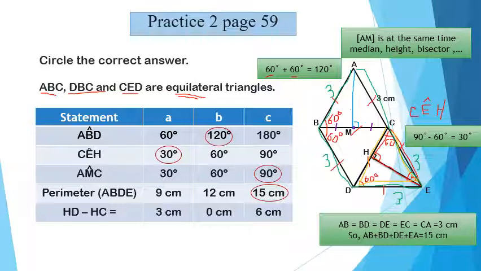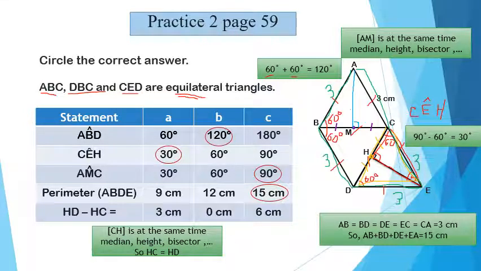Then I can say that H is the midpoint of DC, since HD equals HC. The median is a segment issued from a vertex to the midpoint of the opposite side. So DH equals HC. So HD minus HC equals 0 centimeters.